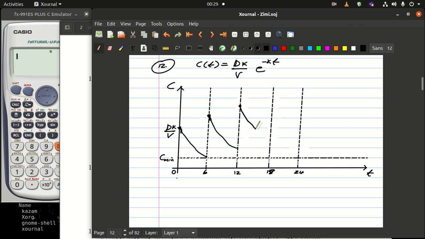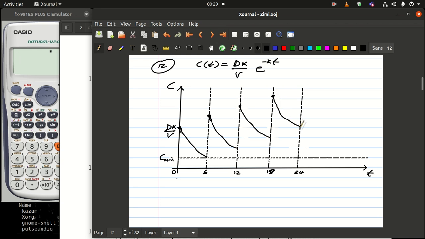Once it arrives at that point, I add another dose, it goes a little bit above there, and then once I inject it, it starts decreasing again.